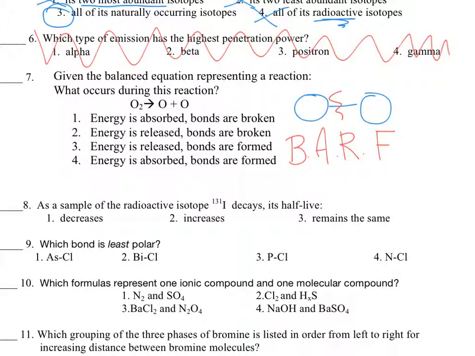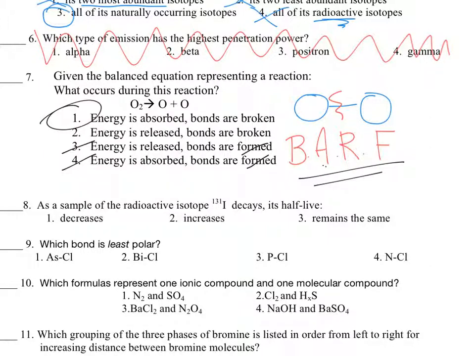When we break bonds, we absorb energy. When we form bonds, we release energy. So BARF. I would remember this for your midterm. So in this case, we have a bond that is broken. So we know that we are going to cancel off 3 and 4 because the bond is not formed. And then if we remember BARF, broken is absorbed, and so energy is absorbed as bonds are broken.